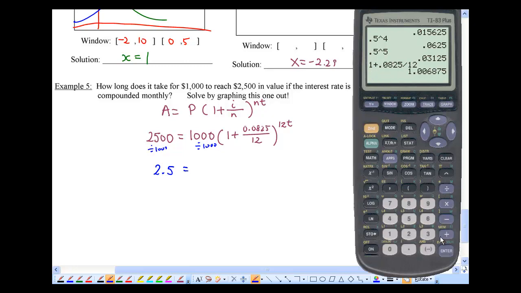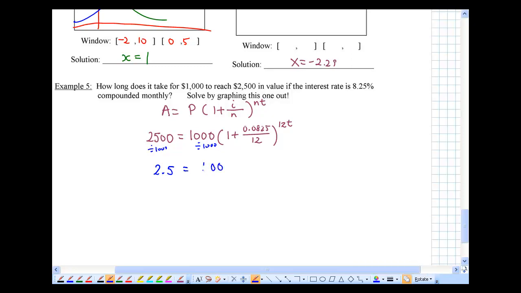Doesn't look good. Oh, not too bad, I guess. 1.006875 raised to the power of 12t. Okay. So, graphing calculator time. Let's see what you get.